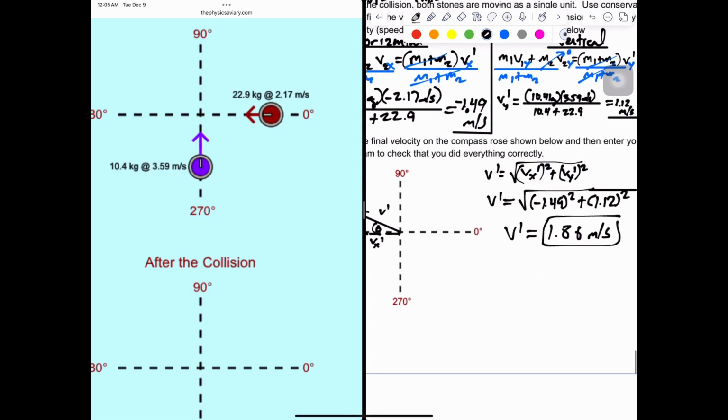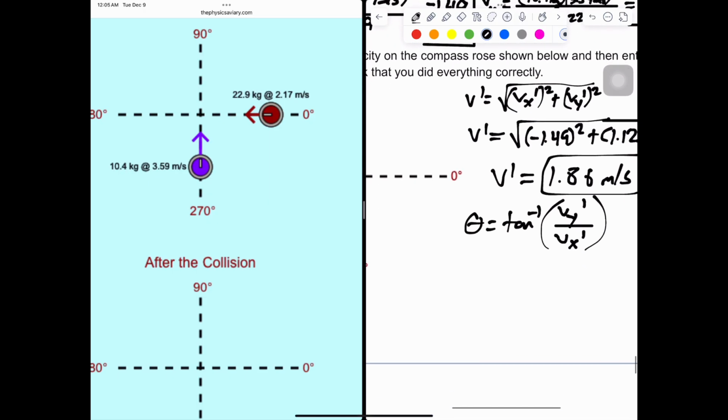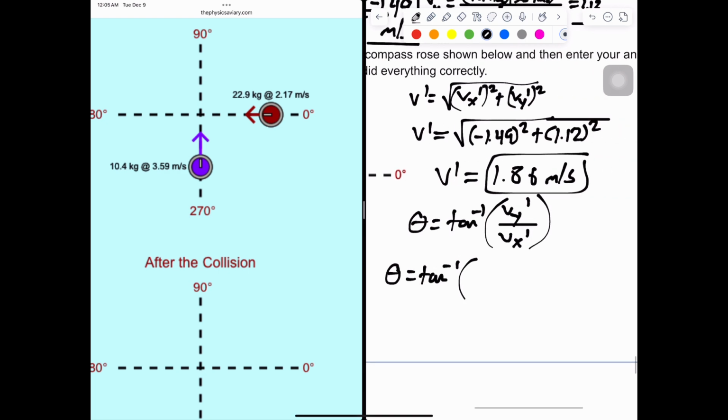Okay, now to find the angle, the direction of it, I'm going to use the arctan equation. Arctan of the y component, or the vertical component, over the horizontal component. 1.12 over negative 1.49.